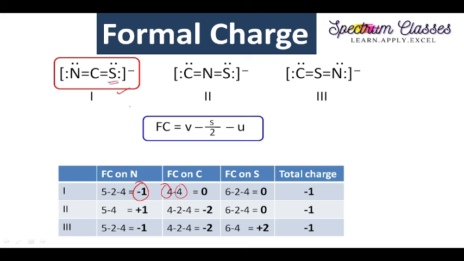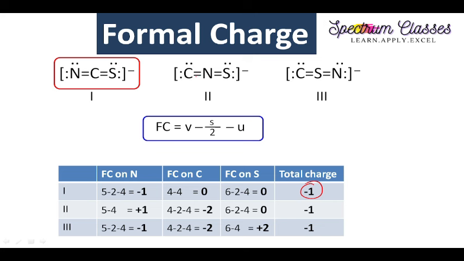Since it is of the oxygen group, it has 6 valence electrons, and it forms 2 bonds, and 4 unshared electrons are there. In this manner it has 0. In total this molecule has -1 total charge.